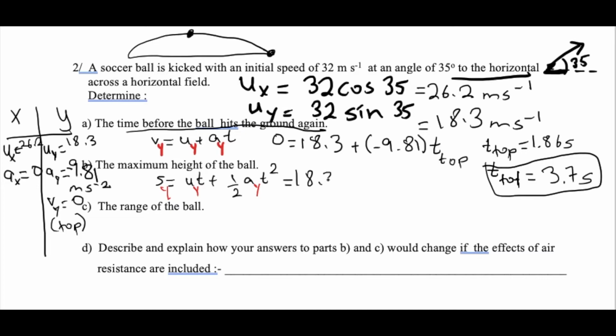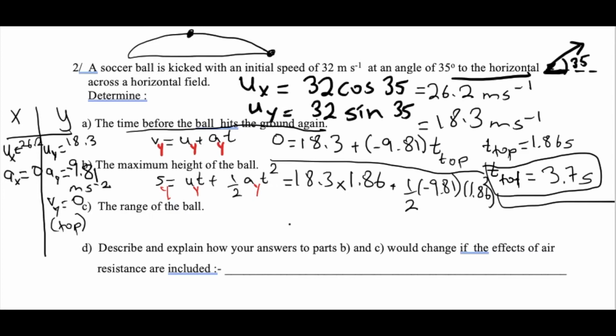So 18.3 times the time to reach the top, which is 1.86, plus 1/2 g t squared. And then when you calculate, this question gives us 17 meters as that maximum height.